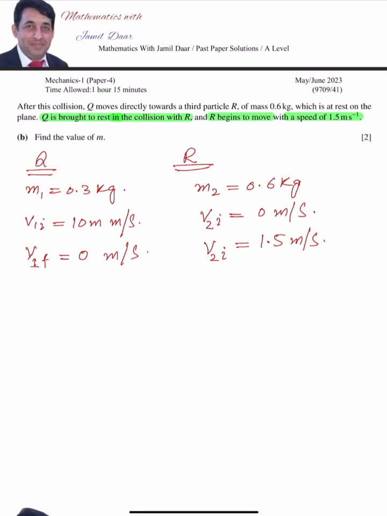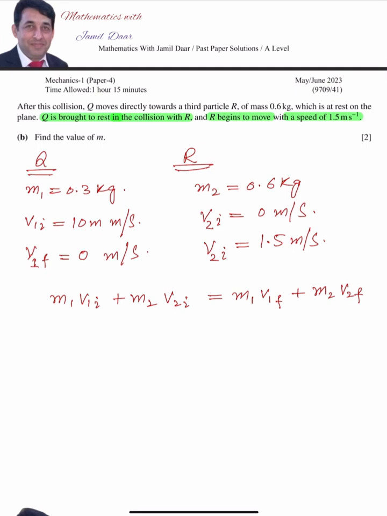Now, writing the formula: M1 V1 initial plus M2 V2 initial is equal to M1 V1 final plus M2 V2 final.